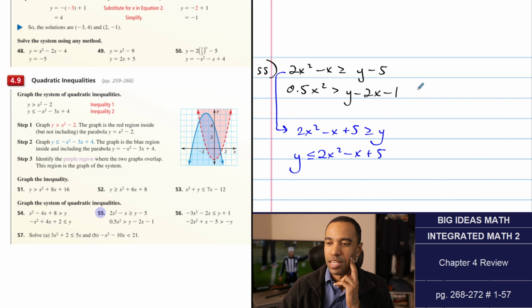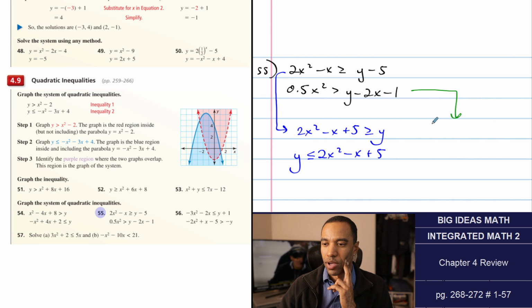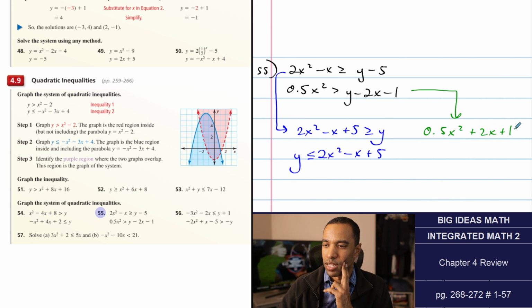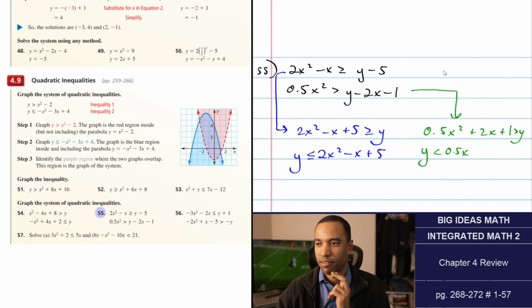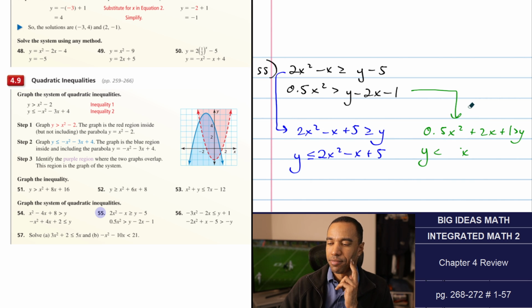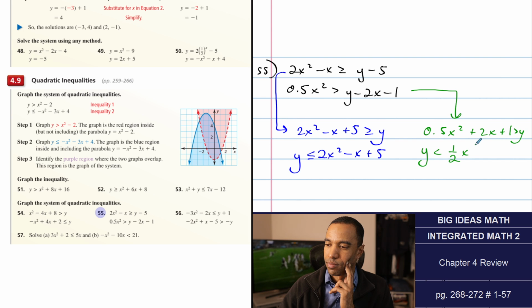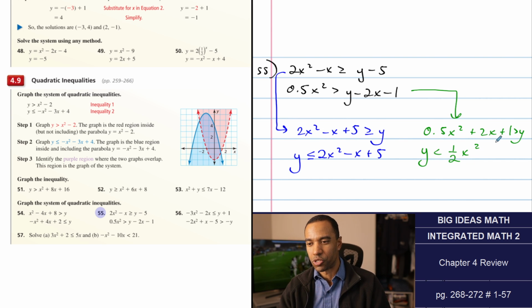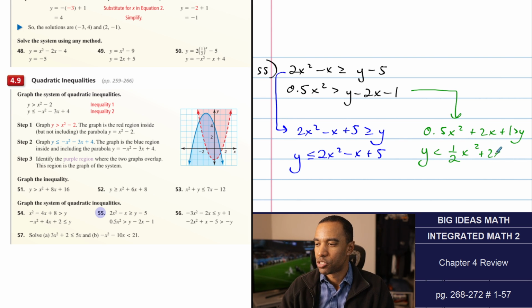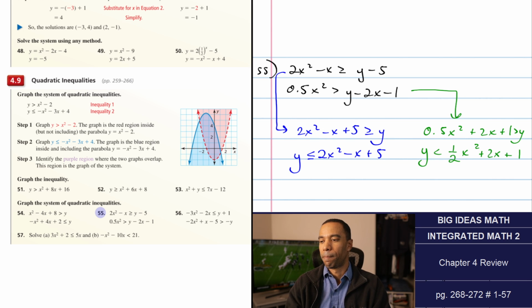The other one is going to be adding the 2x, adding the 1 over, you get 0.5x squared plus 2x plus 1 is greater than y, or y is less than 1/2 x squared, probably the only person who likes fractions more than this, plus 2x plus 1.